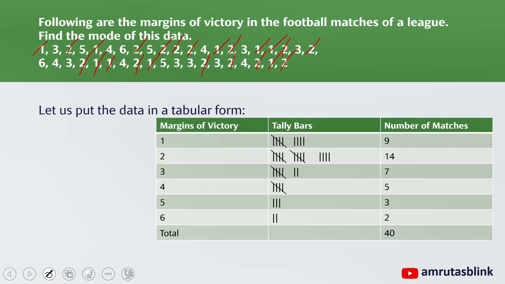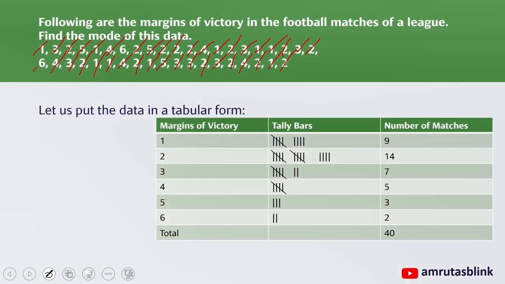3: 1, 2, 3, 4, 5, 6, 7. So 3 is 7 times. Then 4: 1, 2, 3, 4, 5. So 4 is 5 times. Then 5: 1, 2 and 3. 5 is 3 times.